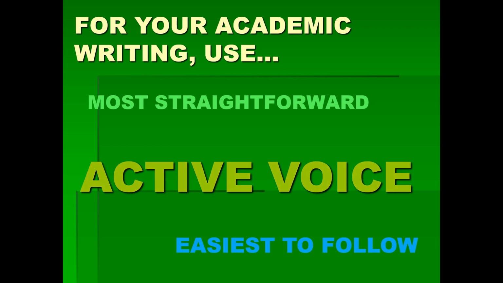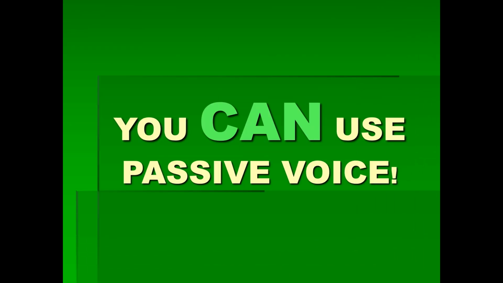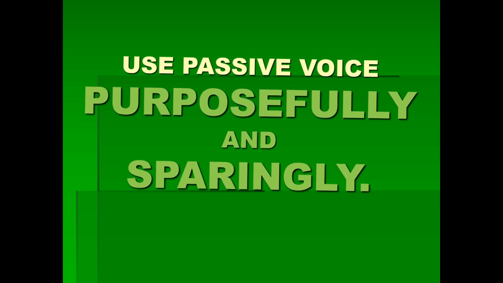Use passive voice sparingly. Are you wondering, why can't I use passive voice? I never said you can't use passive voice. You can use passive voice. Just remember to use passive voice purposefully and sparingly.